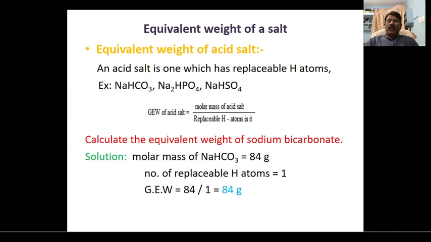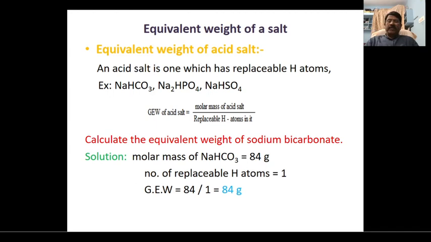Example, sodium bicarbonate, sodium hydrogen phosphate, sodium hydrogen sulfate. Such salts are called acid salts. Gram equivalent weight of such acid salts, we have a formula, that is molar mass of acid salt over replaceable hydrogen atoms in it.